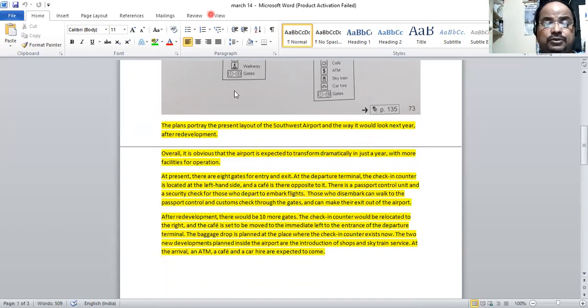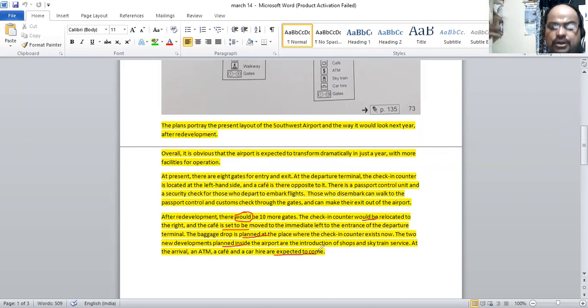So I would show the vocabulary. There would be 10 more gates, would be relocated, is said to be moved, is planned, two developments planned inside the airport. At the arrival, a car hire is expected to come. These types of presentation, we are not sure what is going to happen.